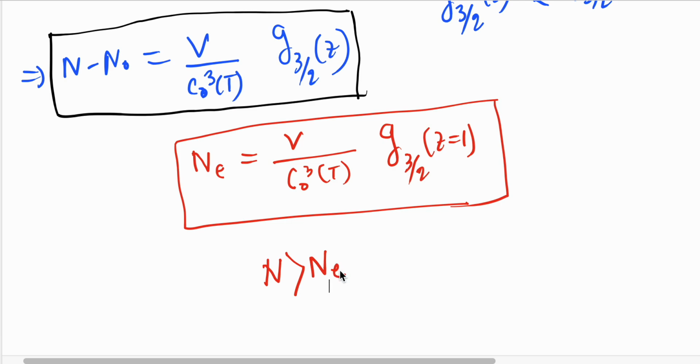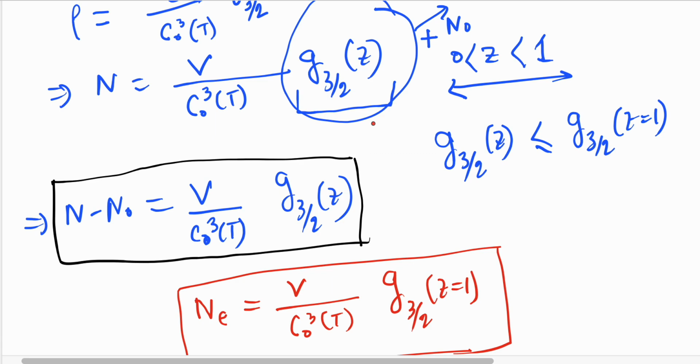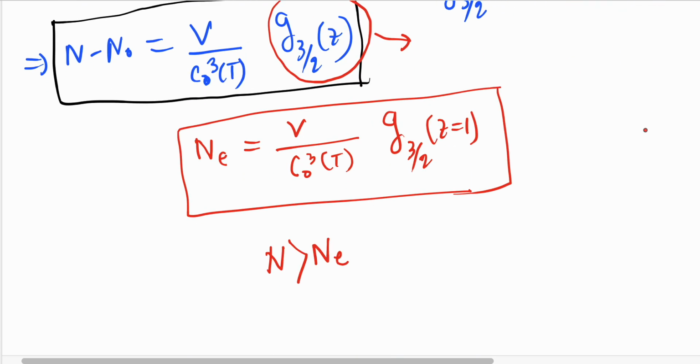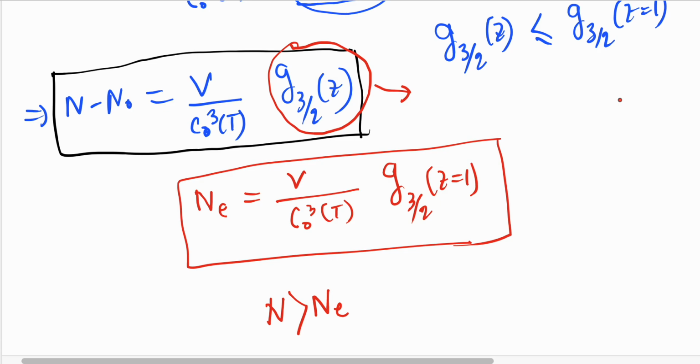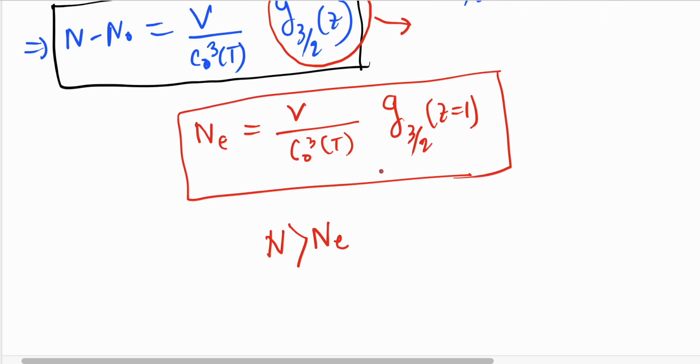But think about it, the maximum value of g 3 by 2 of z is at z equal to 1. That means the maximum number of particles that can remain in the excited states at temperature T is bounded by this number.